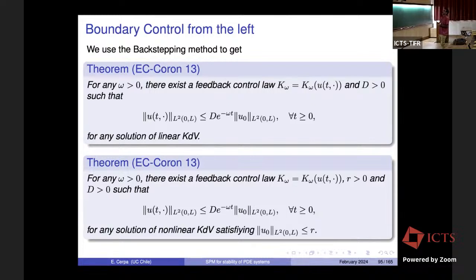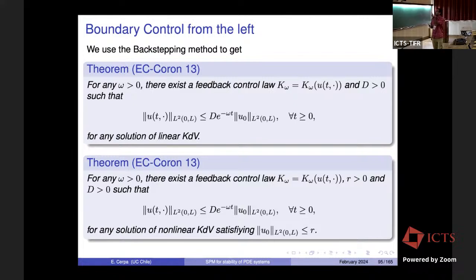Here we have a paper with Jean-Michel Coron, and we have 2 results, for the linear and the nonlinear part. But here again, as Jean-Pierre mentioned in a question about nonlinearities, it is an easy nonlinear result, because it is just a perturbation of the linear case, okay? So we just put a smallness condition on the initial data in order to have the result for the nonlinear system.